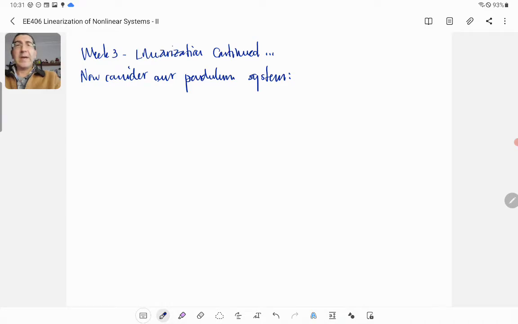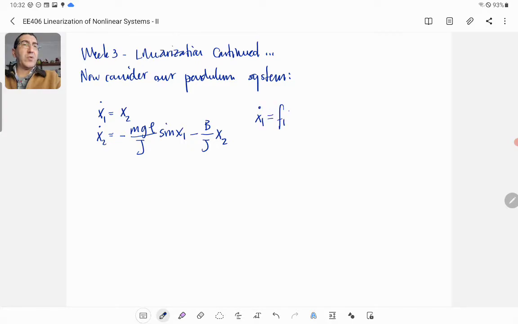Okay, so remember our dynamic system, x1 dot equals x2 was one of the state equations. x2 dot was equal to minus mgl over j sine x1 minus b over j x2. This was our nonlinear system, right? This is in the form x1 dot is equal to f1 of x1 x2 and x2 dot is equal to f2 of x1 x2.